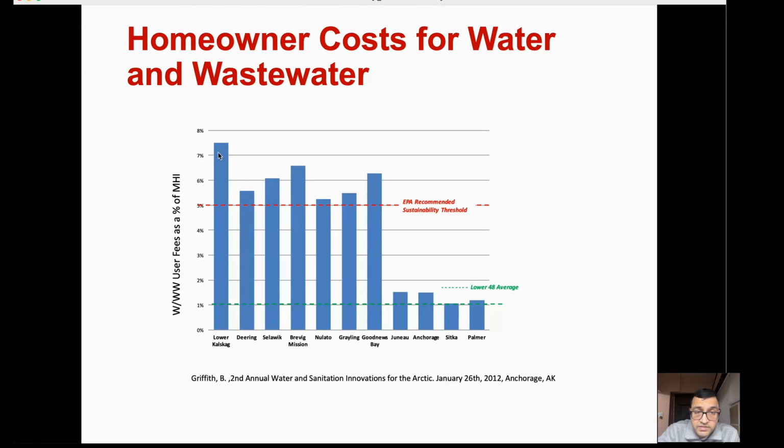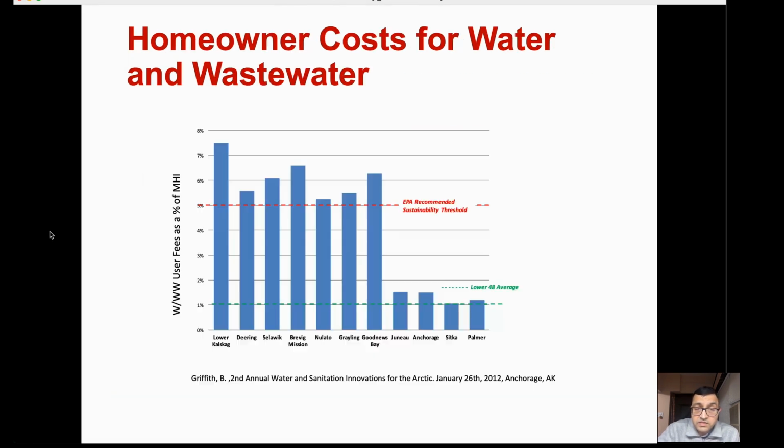You can see many of these are close to 6.5 to 7%. And the EPA recommended sustainability threshold is 5%. Some of the larger cities like Juneau, Anchorage, Sitka, and Palmer are around the lower 48 average, but many of these rural communities still face a huge gap.